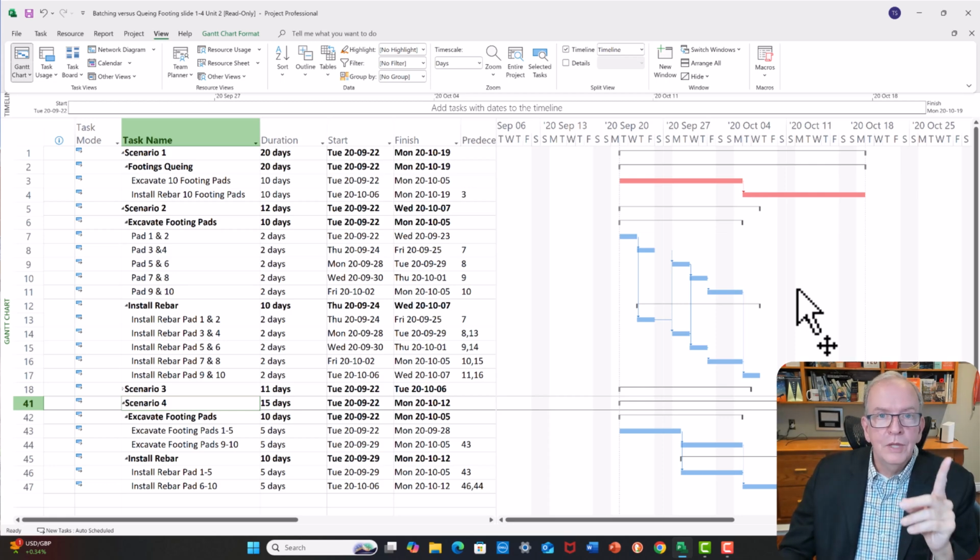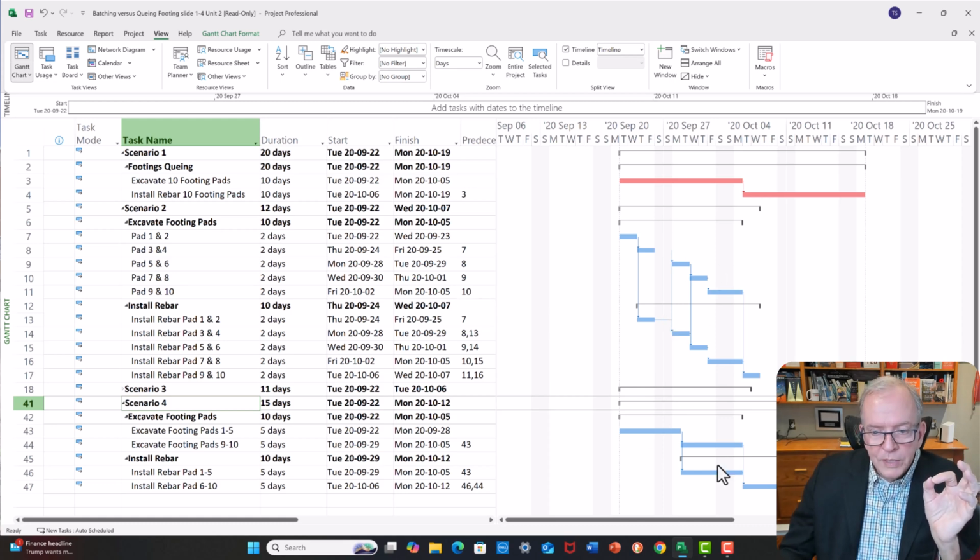Now, what's another thing that's a huge advantage that we don't even think about, that most people, when I teach this with very experienced site supers and project managers, I say, well, what's another big opportunity by doing this? So think about that. Where's another big opportunity come in by doing it this way as opposed to that way?